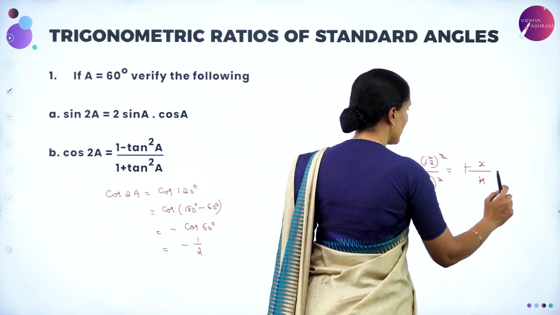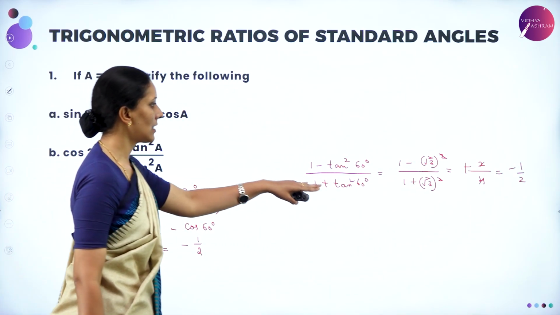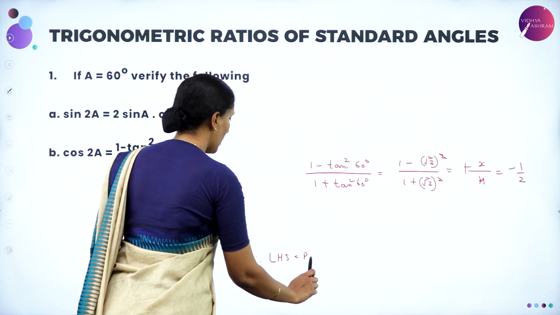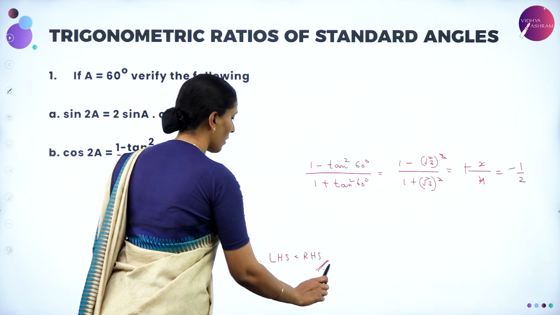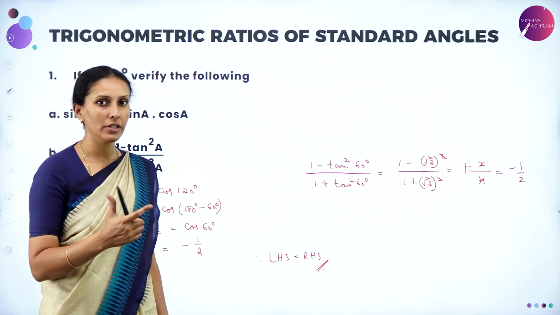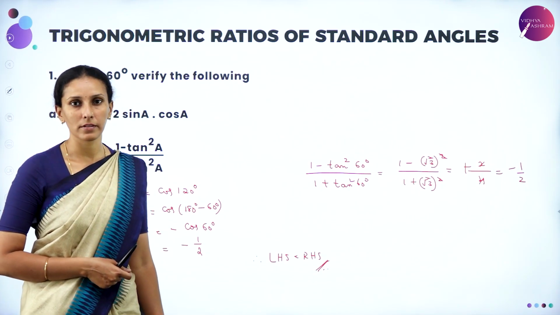So when we cancel this, we'll get the value as minus half. So this is the right hand side and that is the left hand side. So clearly we can conclude LHS is equal to RHS. So by learning the standard rule, signs of trigonometric function and the allied angle property, we can evaluate these problems.